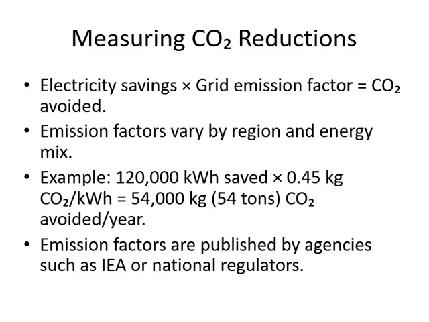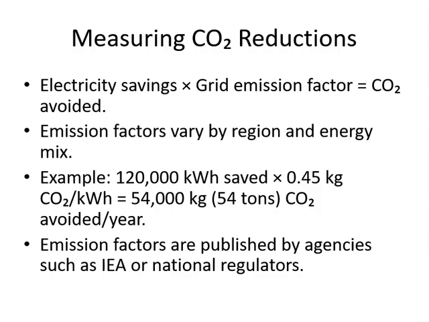We usually measure avoided CO2 by multiplying electricity savings by the grid emission factor. This factor changes depending on the energy mix of your region. Coal-heavy grids always have higher factors. Renewable heavy grids have lower ones.